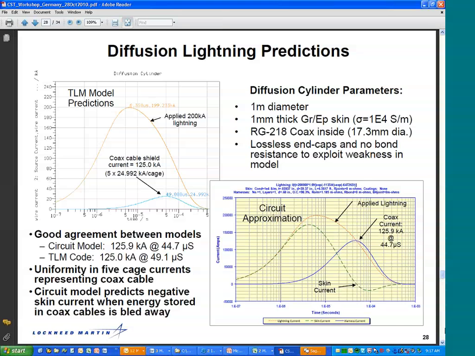And so with a TLM model, I'm actually able to get the diffusion very similar to the circuit model, to where I understand that I am modeling this correctly. And you can see the applied lightning and then the coax cable current.